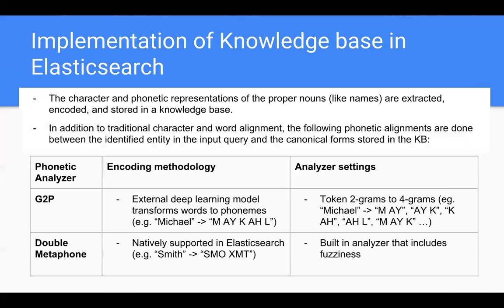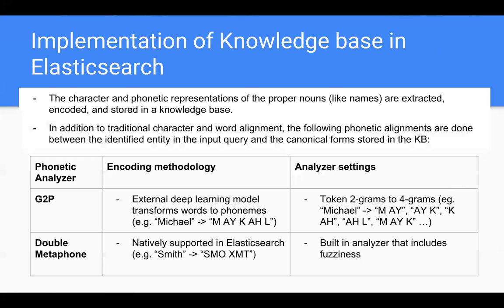In addition to traditional character and word alignments, the following phonetic alignments were also used. So one thing was G2P. And the way that we use G2P is that we use this external sequence-to-sequence system to map the name to the phoneme. And then we tokenize that phoneme.